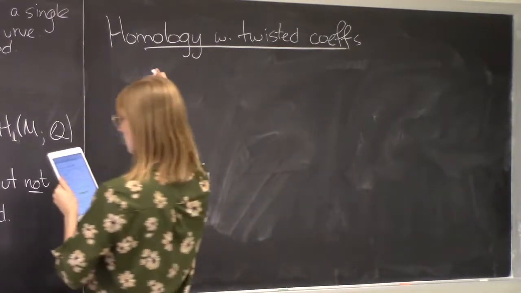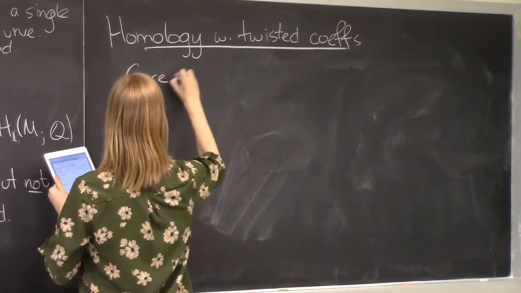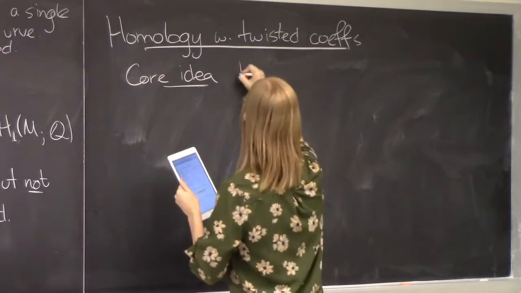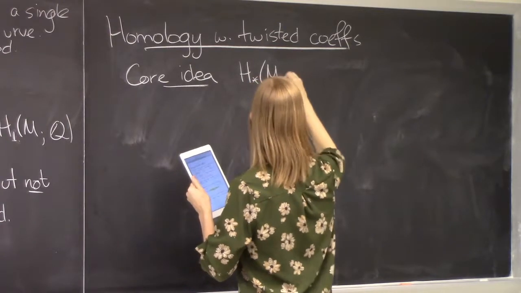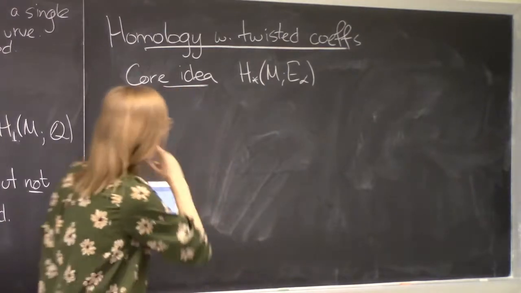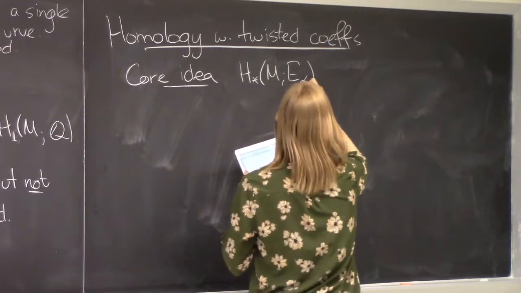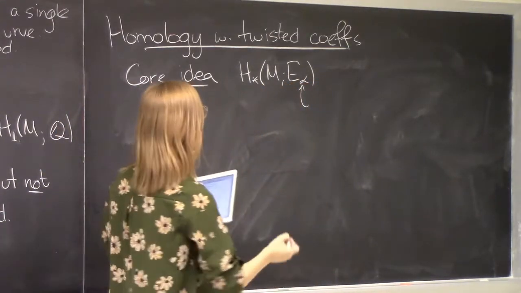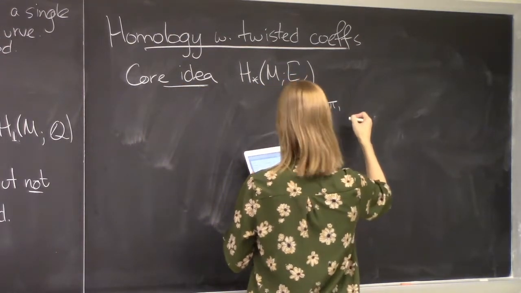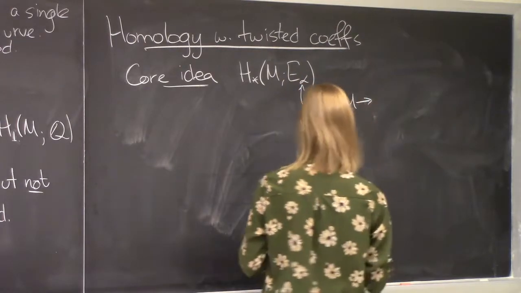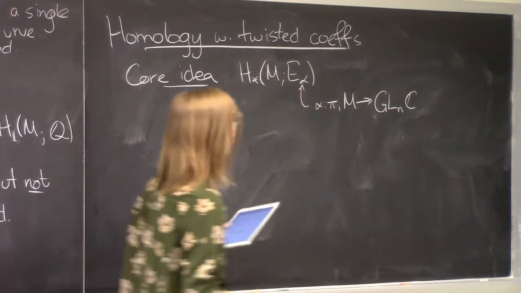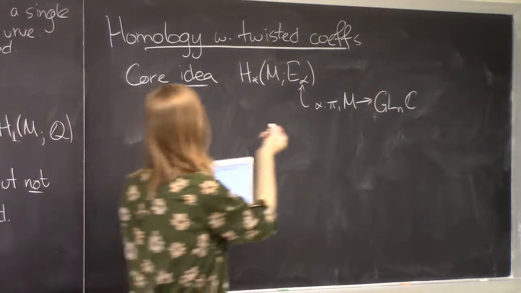So these are homology groups, which I'll write H_*(M; C_alpha), where this is saying my coefficients, alpha, is some representation from pi_1 of M to, for this talk, I'll just consider some GL_n(C).